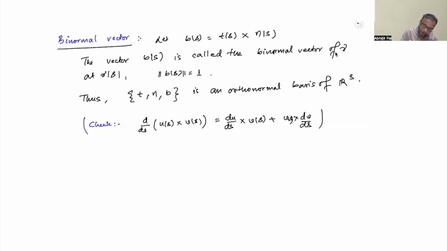Now if I take the derivative of B, B dot(s) is equal to T dot(s) cross product with the normal vector plus the tangent vector product with N dot(s).